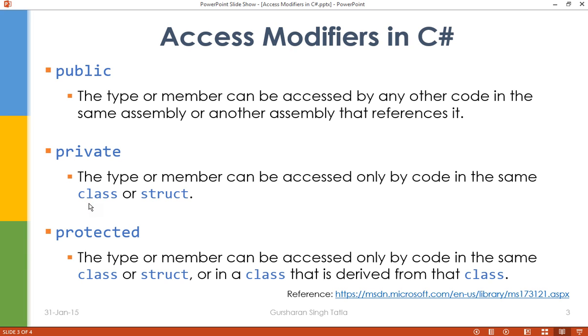So we cannot access a private field or a method outside of the class in which it is defined. A protected field or method can be accessed within the class in which it is defined, or it can also be accessed within a class that is derived from the base class. So these are the 3 access modifiers that we'll discuss in this video. So let's demonstrate by an example.